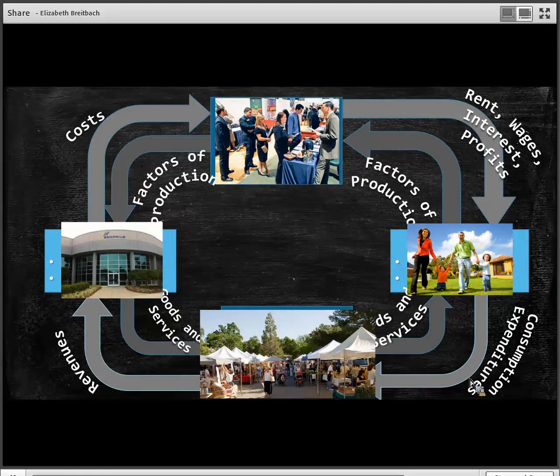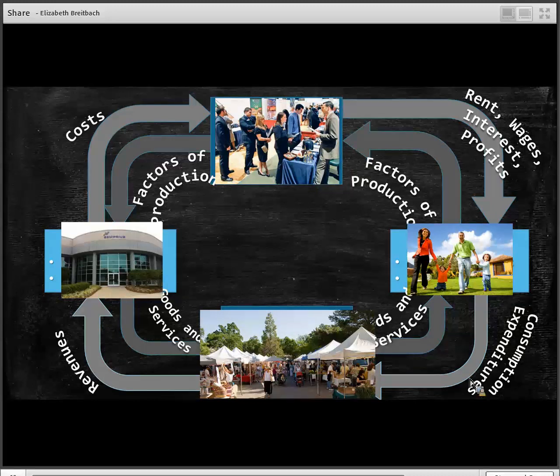A great example of a product market, in which the price of any goods and services that the final consumer will be our households, that's where it's determined, in that product market. So the demand for something like clothing is going to be determined in our product market. The price of jewelry determined in the product market. And so we can think about anything with that end consumer as being the product market.